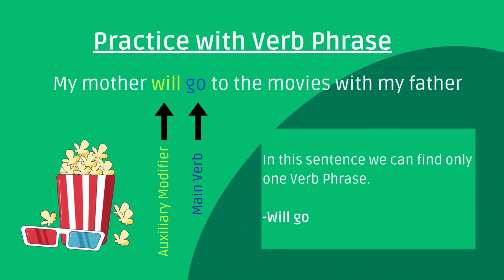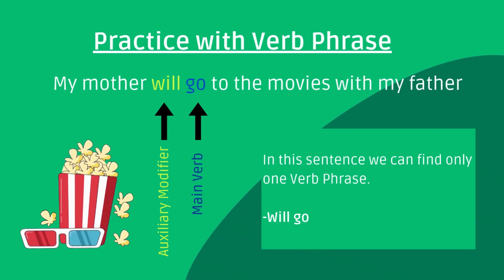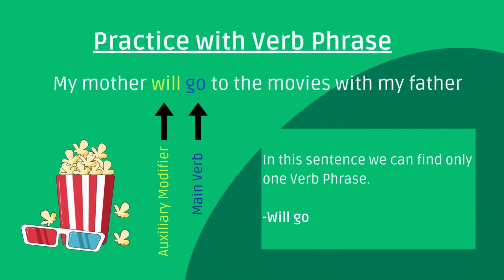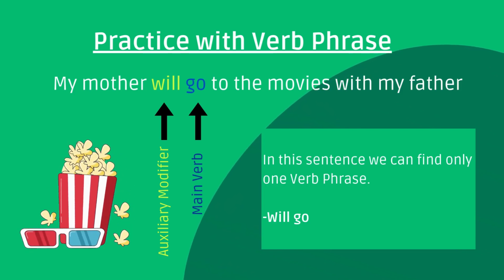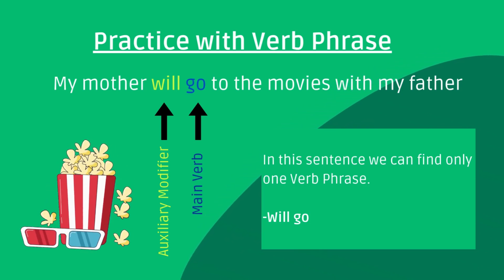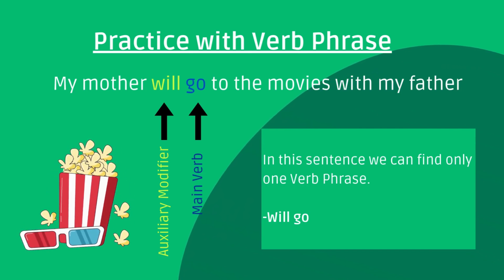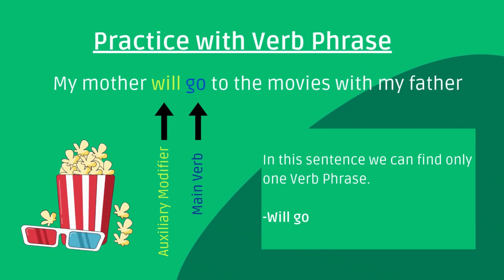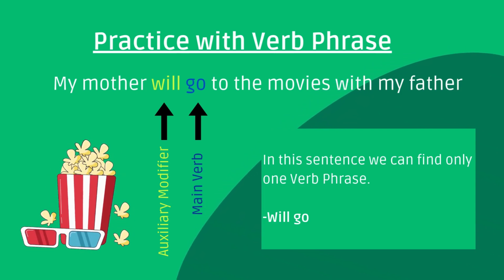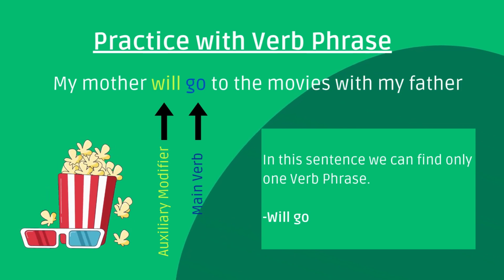Practice with verb phrase. We have the sentence as example: my mother will go to the movies with my father. In this sentence we can find only one verb phrase. We have will go. Will is an auxiliary verb that modifies the verb in the future tense. And the main verb is go, the action in the sentence.